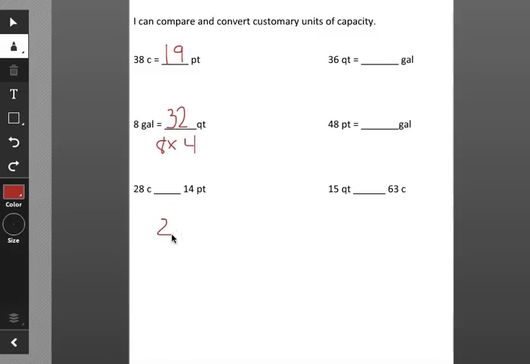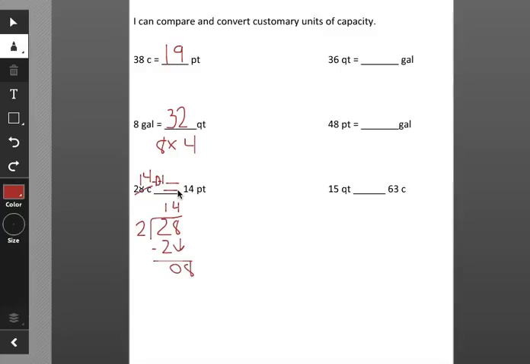So I need to take 28 and divide it by 2. That's going to tell me how many pints I have. So 2 goes into 2 one time. Bring down my 8. 2 goes into 8 4 times. So 28 cups equals 14 pints. Well, they are the same. So that means this would be equal.